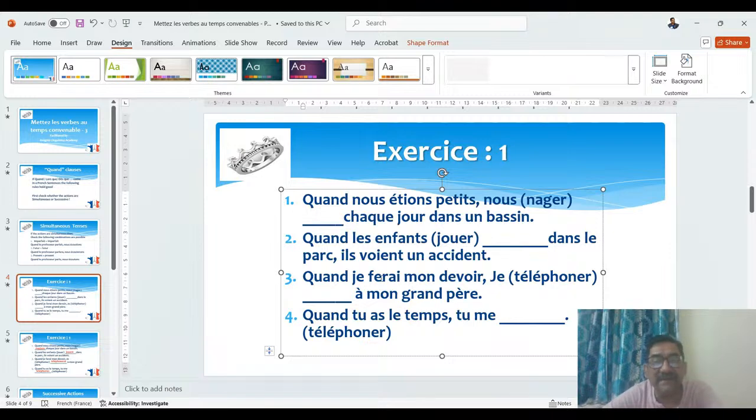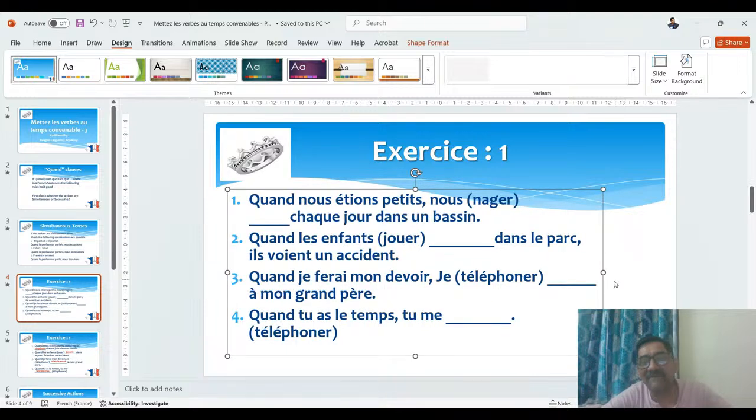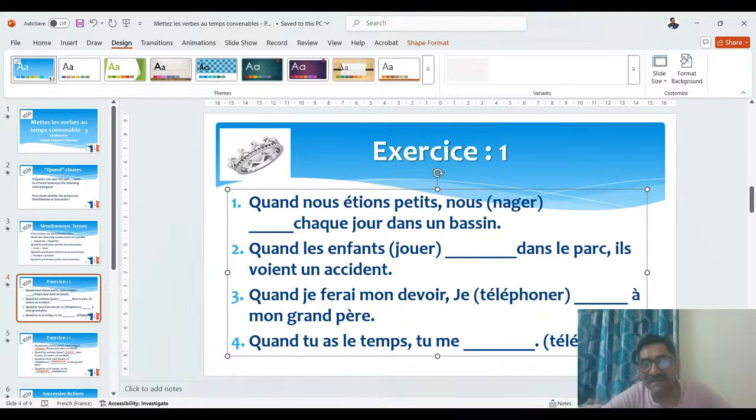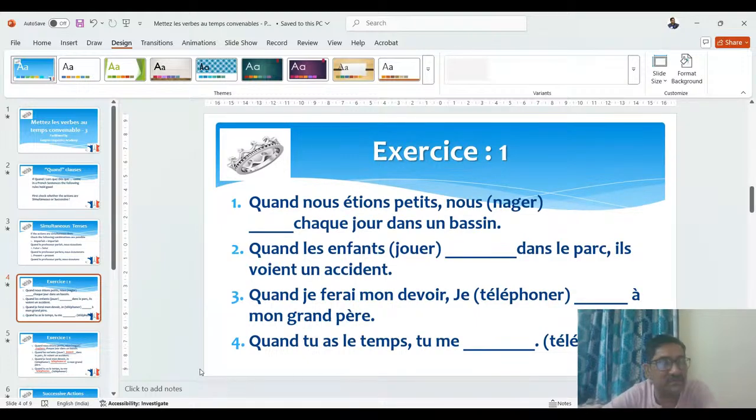When I will have finished my homework, I will call my grandfather. Now, some of you might argue, oh, future perfect theory will come. It's not like that. It's all simultaneous actions. When I do my homework, I call my grandfather at the same time. That's the meaning of the sentence. So don't worry about anything. Just blindly put it the way it is.